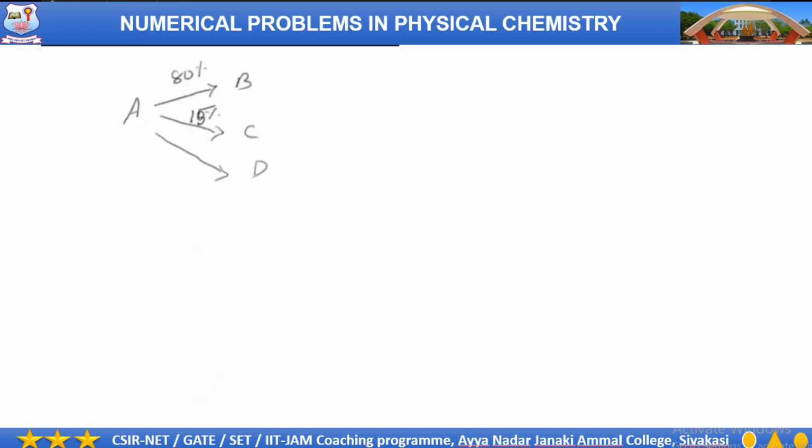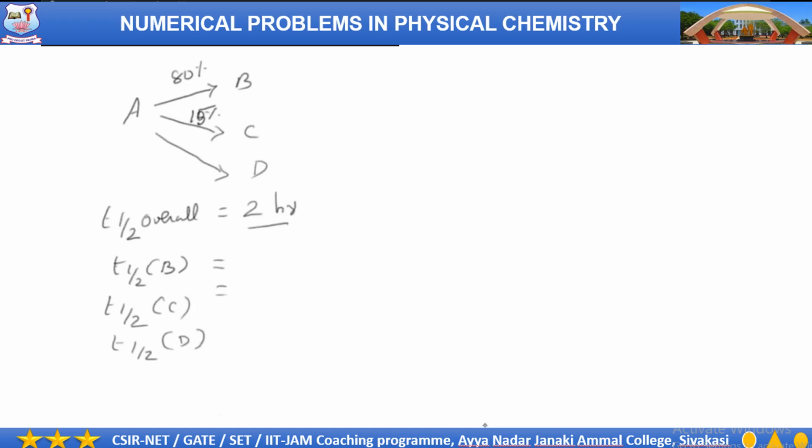And D, the rest. If the overall T half is 2 hours, what is the T half through the mode B, through the mode C, through the mode D?